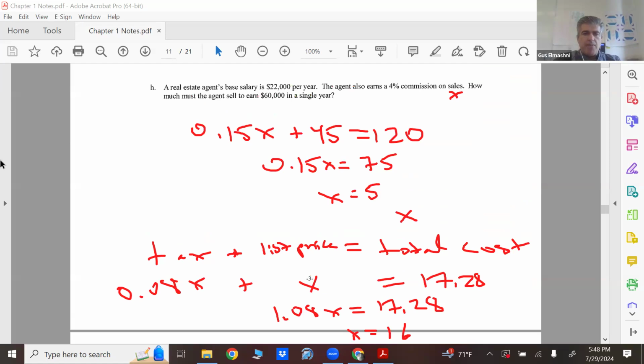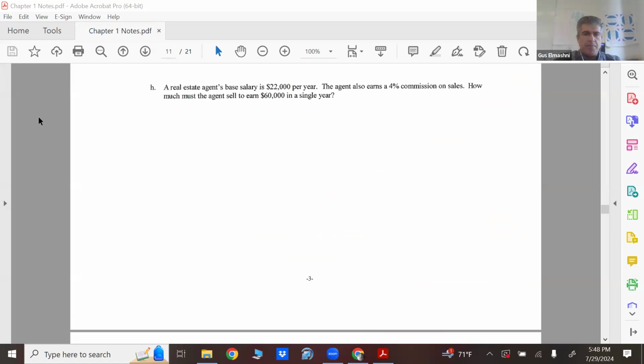And then finally, a real estate agent makes $22,000 per year base salary, but also earns 4% commission. Commission is a big deal when you're in real estate. How much must the agent sell?